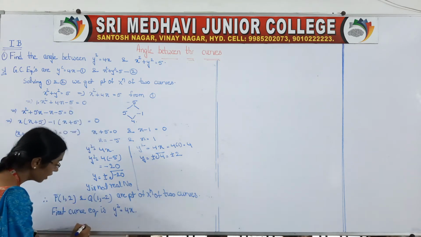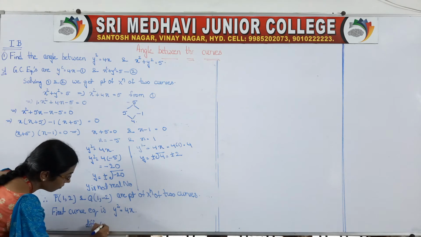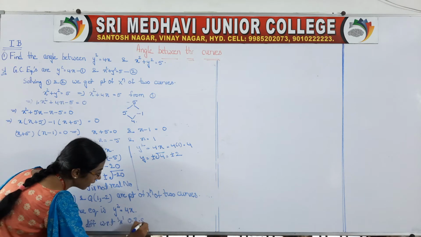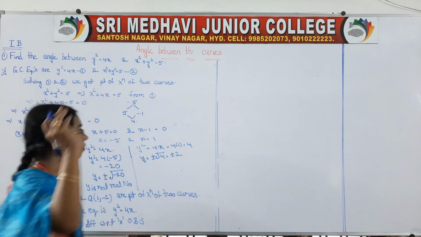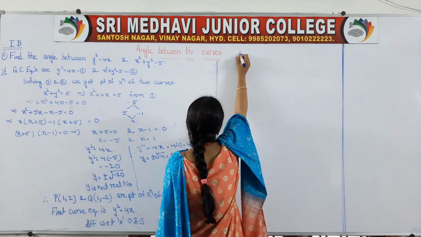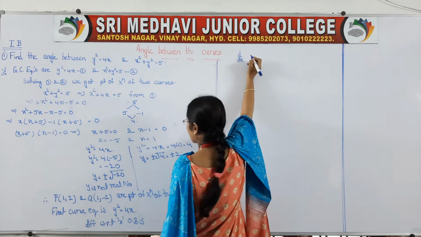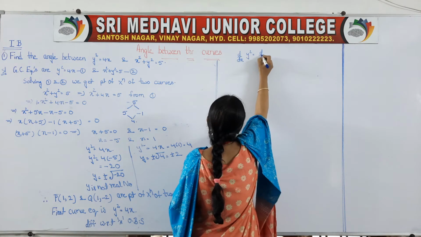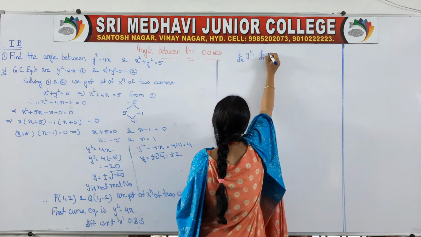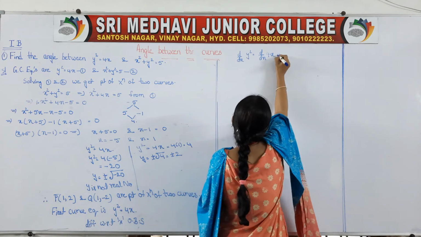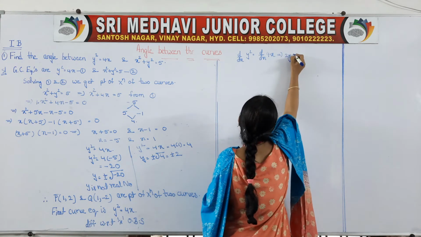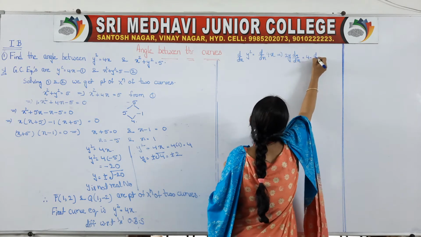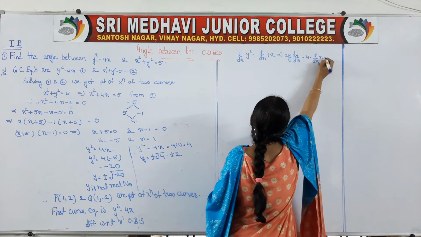So now differentiating this with respect to x on both sides. d by dx of y square is equal to d by dx of 4x. So it is 2y into dy by dx is equal to 4 into d by dx of x.